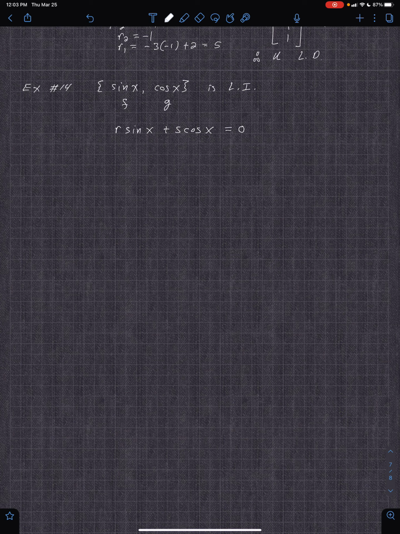Well, that's kind of true, but for functions, what you're trying to show is that we want to find a case where the only solution to the system is 0, 0. So if you can do that, then there's no way to make a combination of the two, so they're always 0.